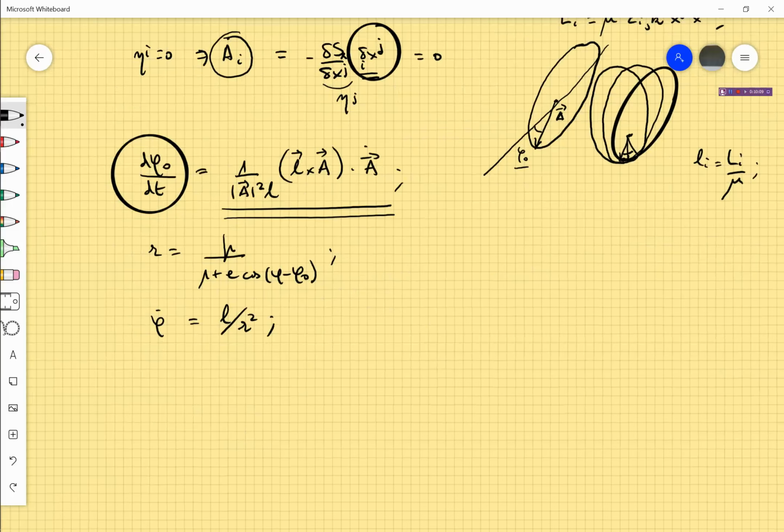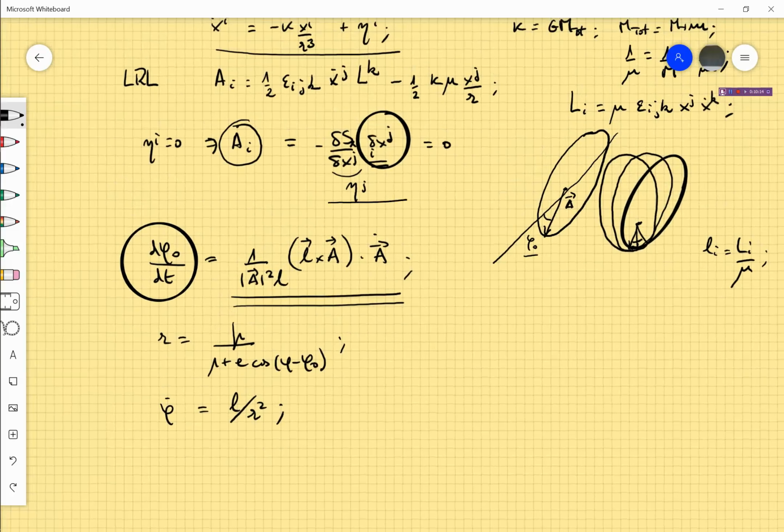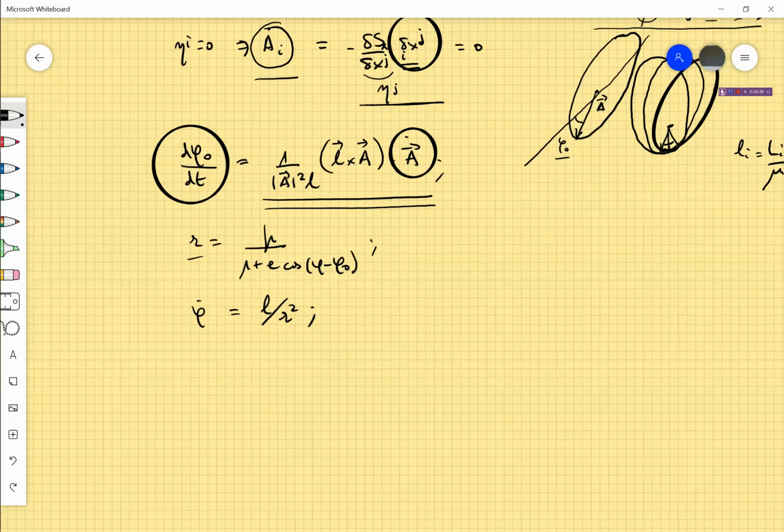So now what you have to do is come here. This gives you a dot_i, or this derivative, as a function of eta, and the rest is given by this expression for R, because L is given by this, removing mu. So you know for the Keplerian orbits x dot, and so on. So it's a long calculation, and the only thing that you need to do is to be patient and replace the values of all these quantities.